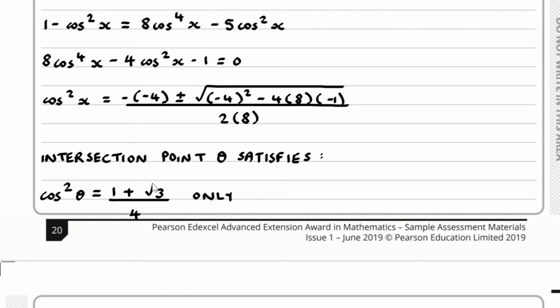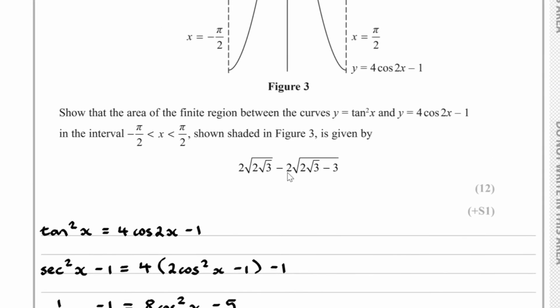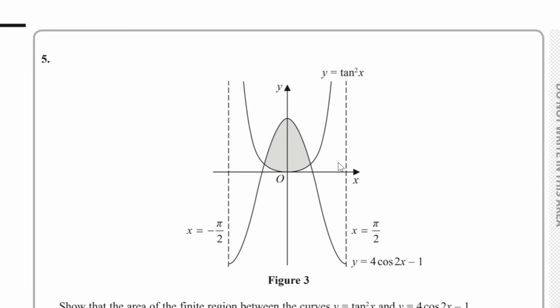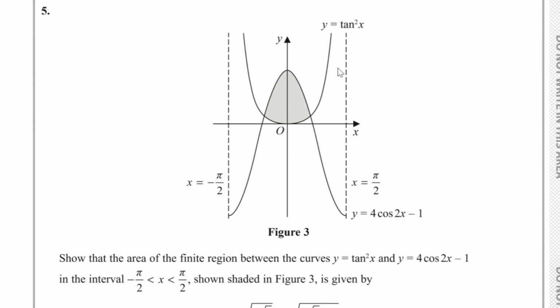And so what we can do at this point is find out the area. Now, if we're saying that the intersection point is theta, we're going to be taking the positive value of theta over here.